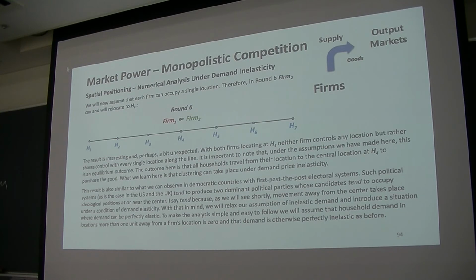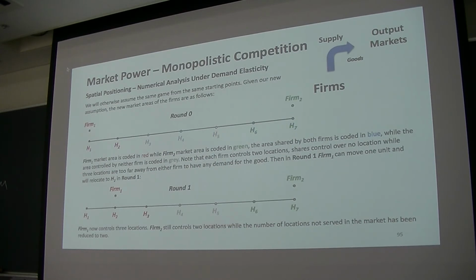So the demand, if it's more than 1 unit away, the demand is 0, and otherwise it's inelastic. So the location of the activity has to be within 1 unit of the household. If it's 2 units away, the household says, no, forget it, I'm not going there. So that's what's going on here. Then you could easily think of products where that's the case.